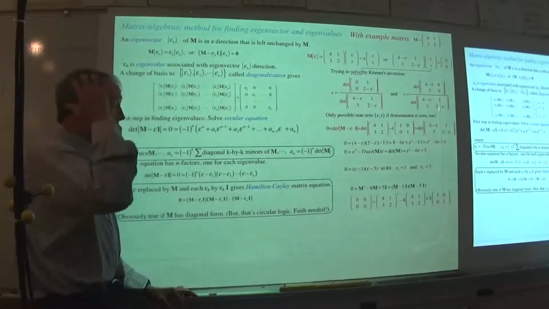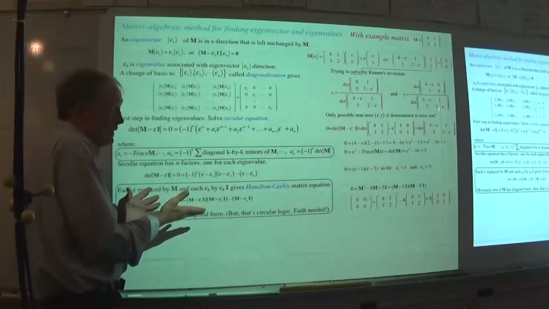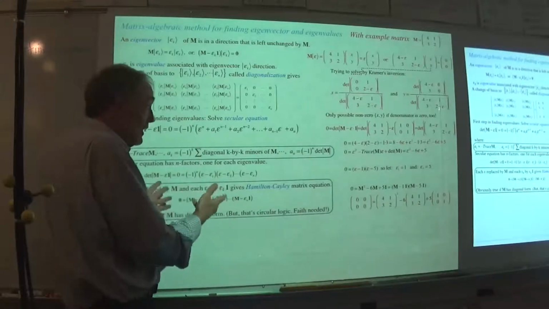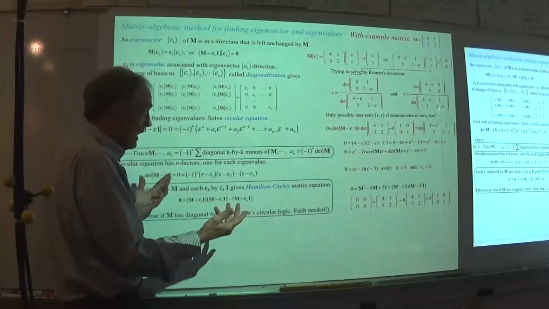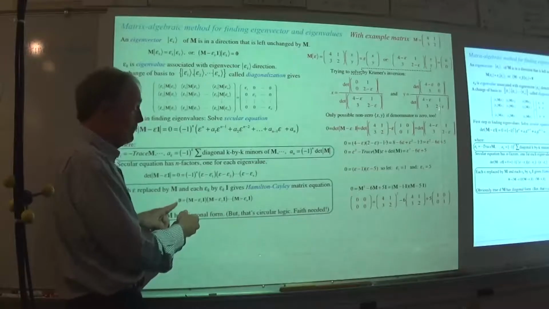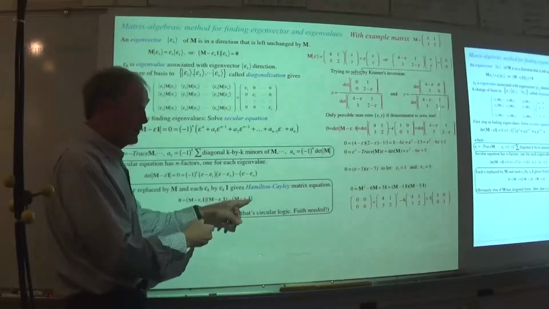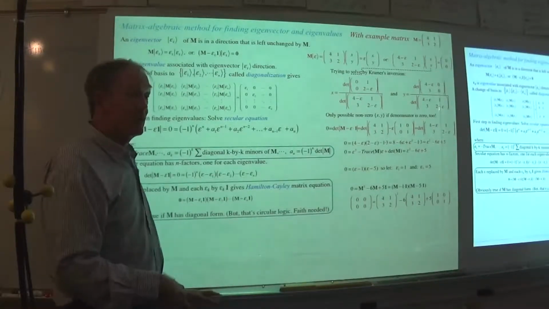Except if it's a matrix like we work with in quantum mechanics, where I know I can diagonalize it. If I know I can diagonalize it, then it's obvious that I'm going to get a zero matrix, because each of these factors is going to contribute something that will make things 0.